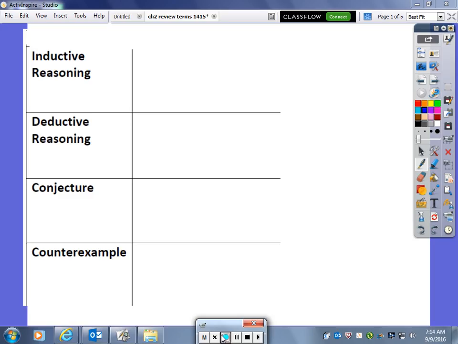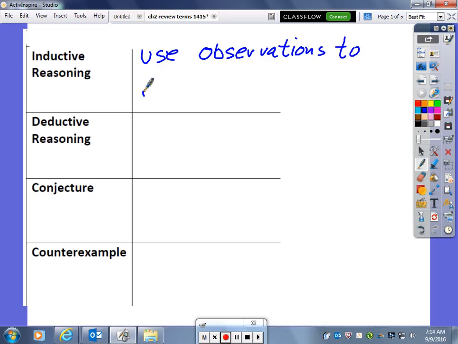Inductive reasoning uses observations to find patterns, and from that, take a guess on what's going to happen next.